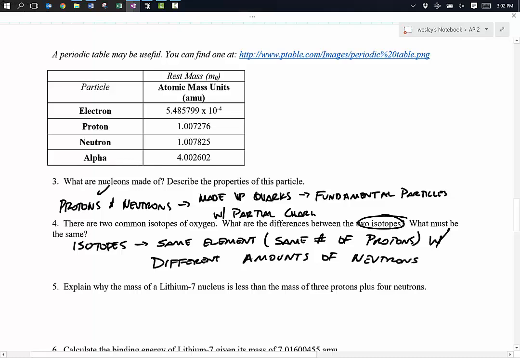That's all. That would be the difference. That gives them different masses and binding energies. That's all. It's a different isotope.